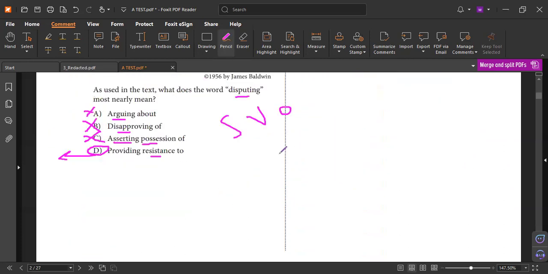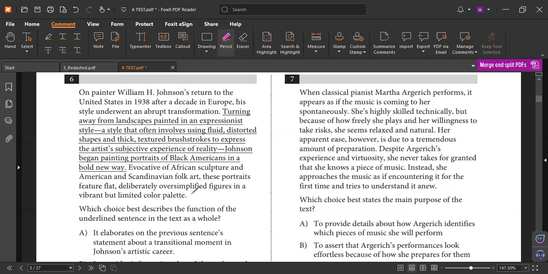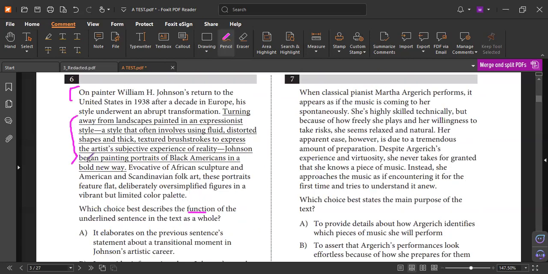Now let's find the next. Always we read the question very quickly. So the function of the underlined sentence. So I must read the details very quickly, but I focus on this part. Remember, sometimes we can read the sentence before very quickly because I need time to check the answers. Let's go for it.